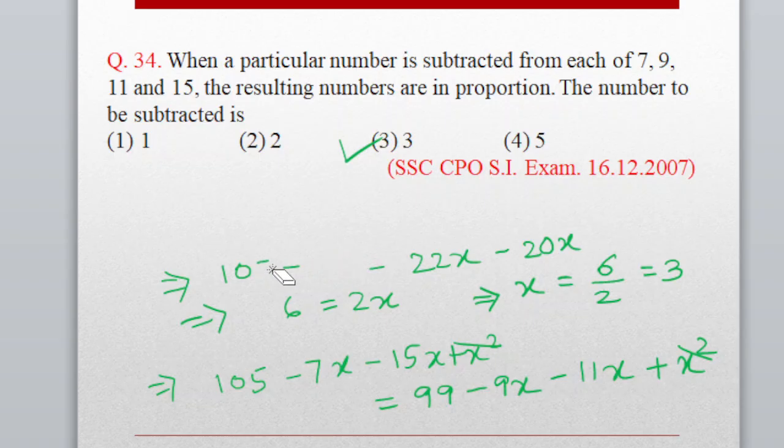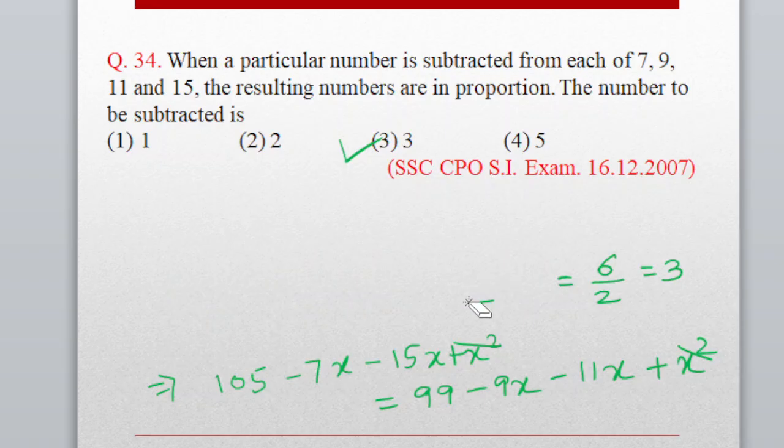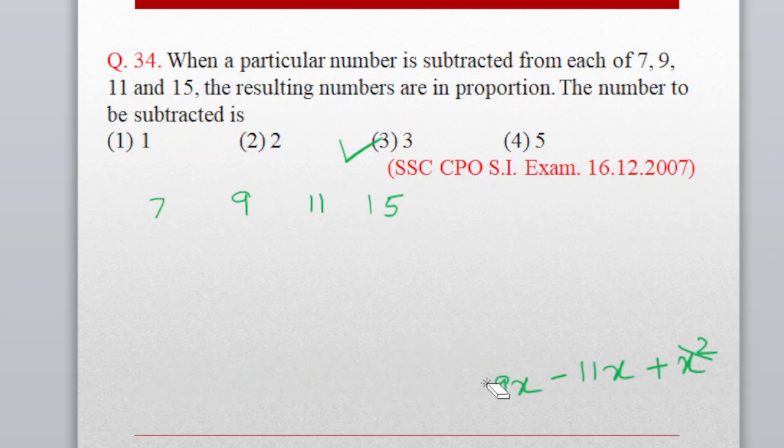Now how do we calculate? Now here these numbers are 7, 9, 11, 15. The numbers should be in proportion. That means after subtracting, the numbers should be in proportion.